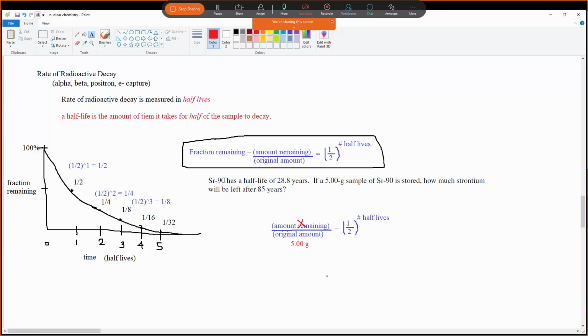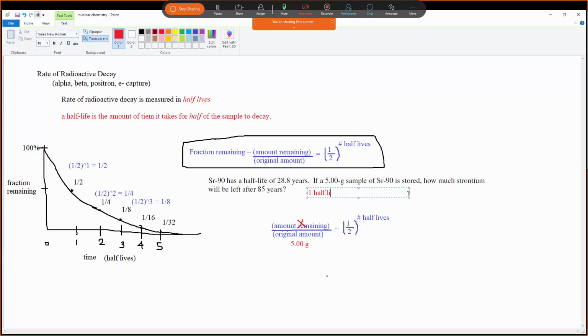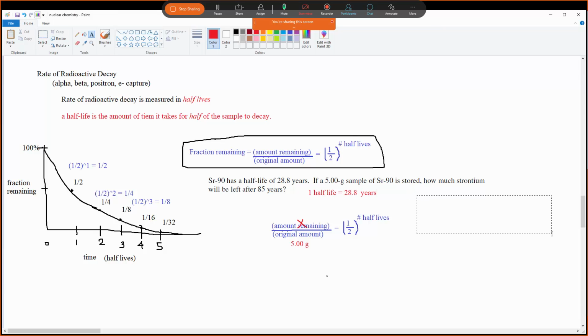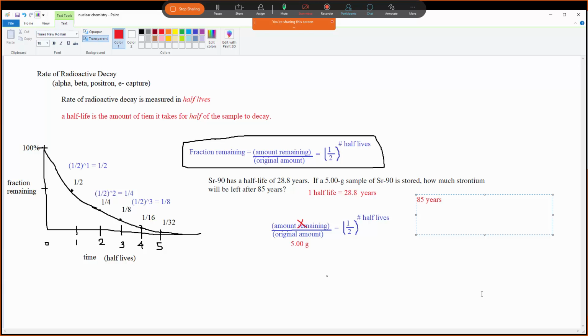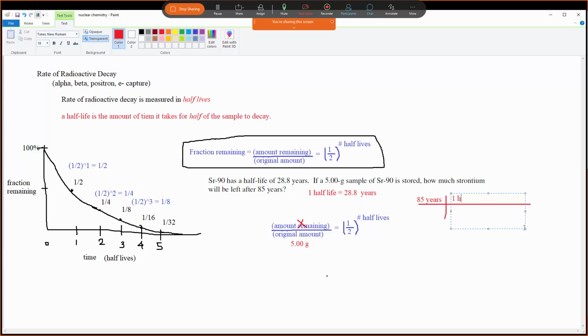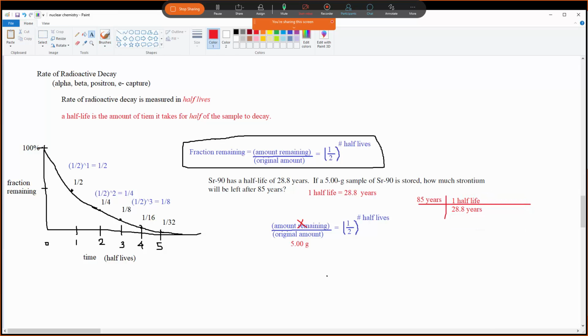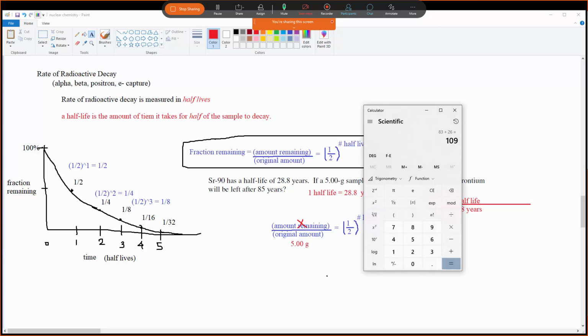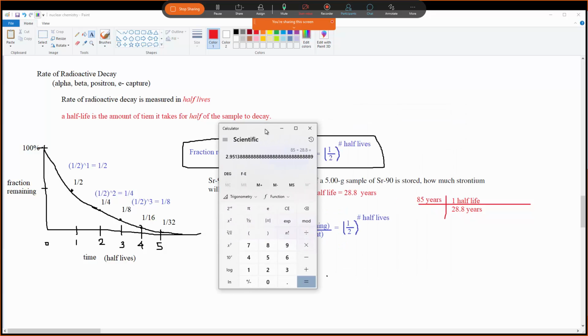Yeah, so you're going to say, this is almost an equivalency. 1 half-life is equal to 28.8 years. Right? And so we could do a little dimensional analysis over here and say, look, if I've been around for 85 years, and the half-life, I'll put that on top, is 28.8 years, then when we do our math, just like Sarah found, 85 divided by 28.8, you get 2.95 half-lives.